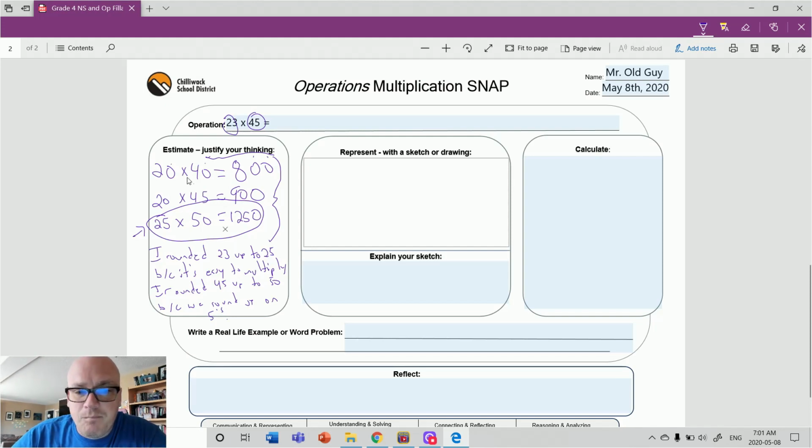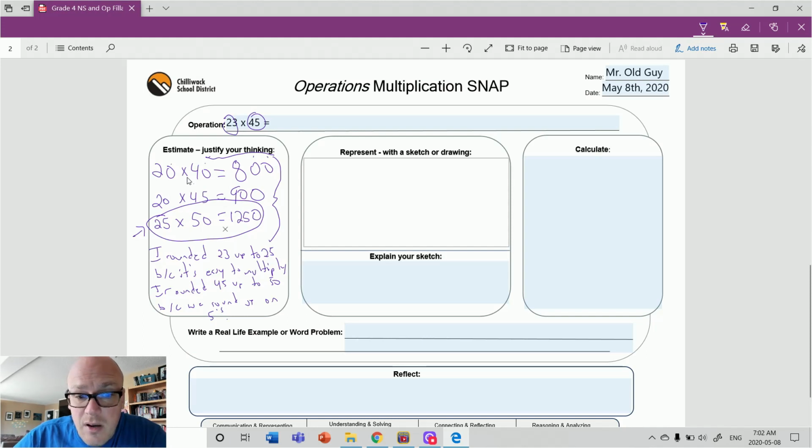All right. The next part is represent with a sketch or a drawing. Ideally, it's really nice when you can draw a picture, but these numbers are getting a little big. How on earth am I going to do that? Like, what's something that's got 45 in it? So I could draw 23 bags of candy.